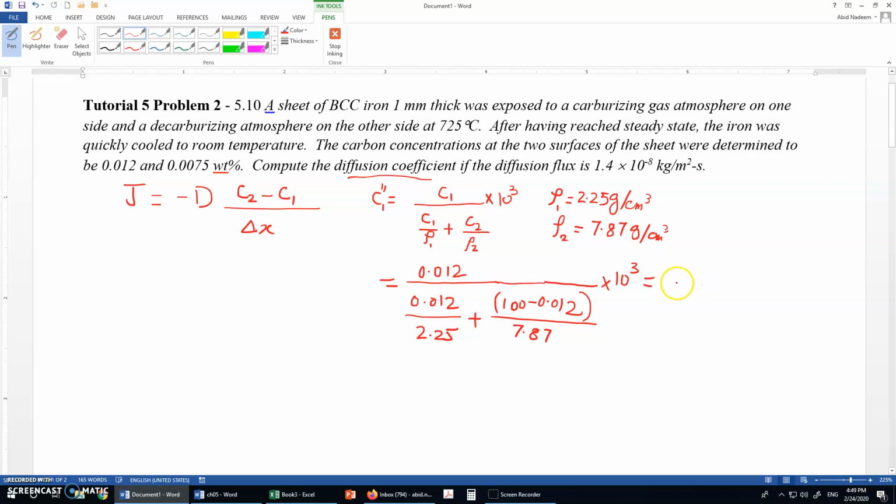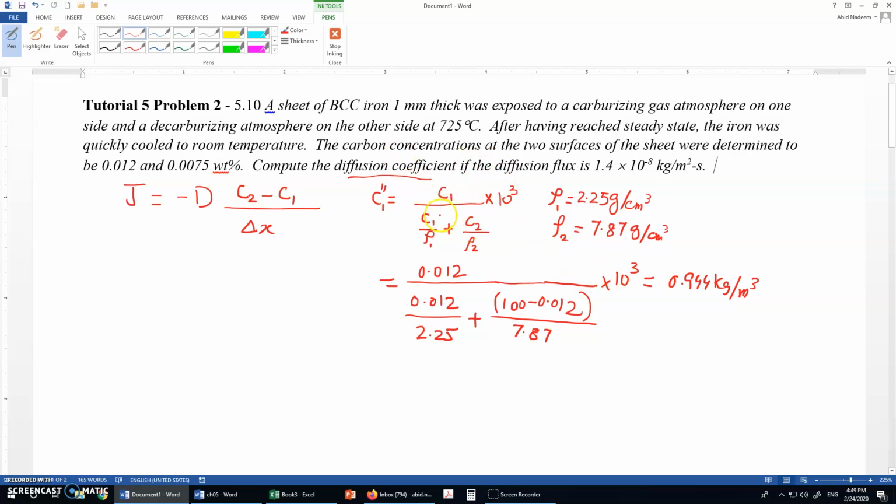So it is equal to 0.944 kilogram per cubic meter. This will be our value C2 in this equation.